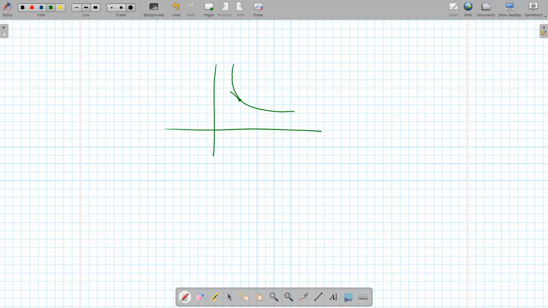Tell me, what is it here? It's decreasing at a decreasing rate. Yeah, perfect. And last thing here, what about this? Is it the same? Decreasing at a decreasing rate.